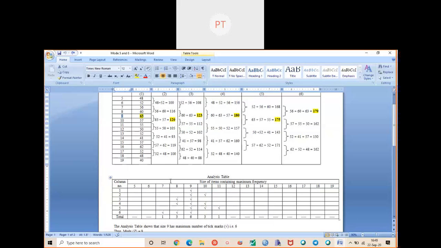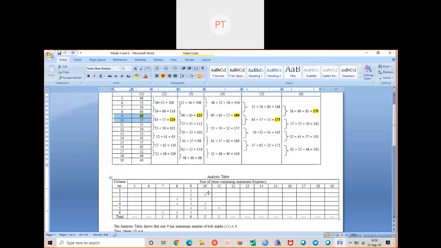And in column number 2 we have the frequency for both these items, 63 and 57. Now 63 and 57 belong to values 9 and 10. So in column number 2 we will do the tick for 9 and 10.